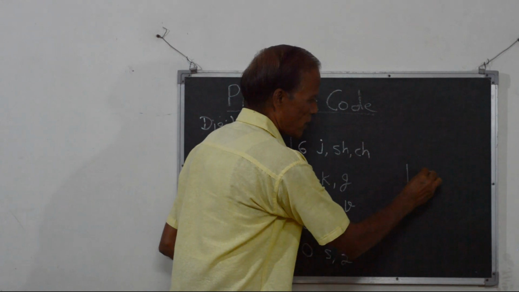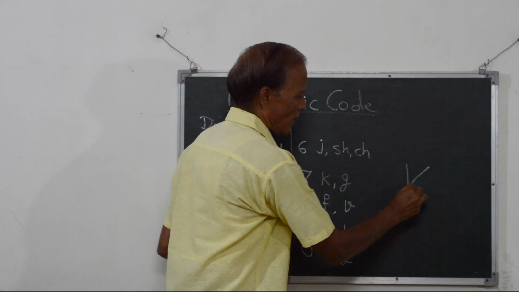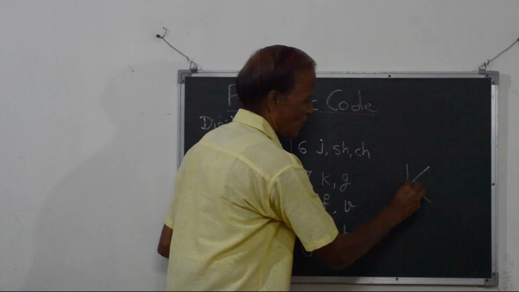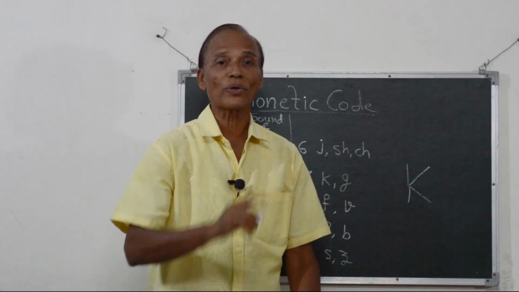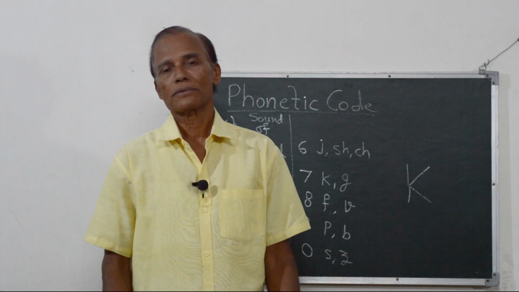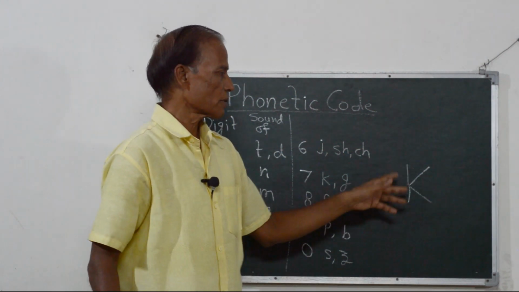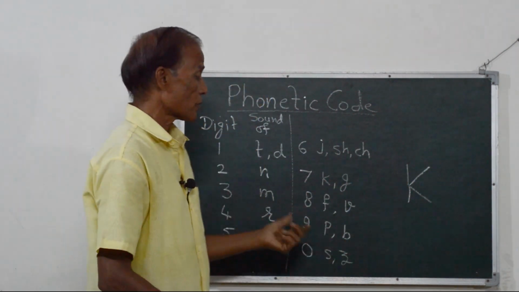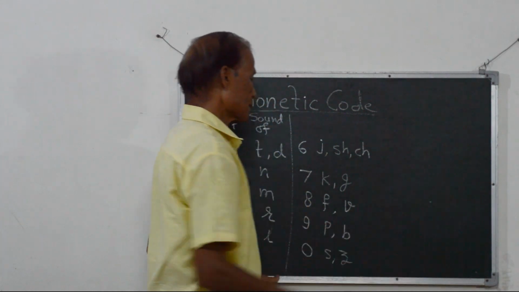Say this is one 7 and then this is another 7 drawn in a different orientation. So two 7s with a different, reverse orientation give us the letter K. In this way we can remember that.